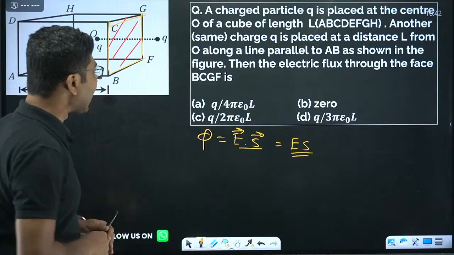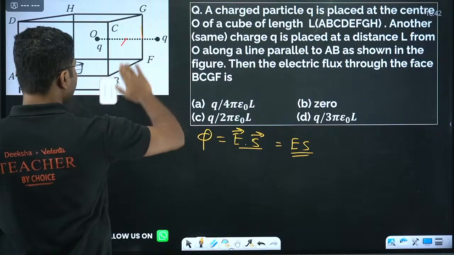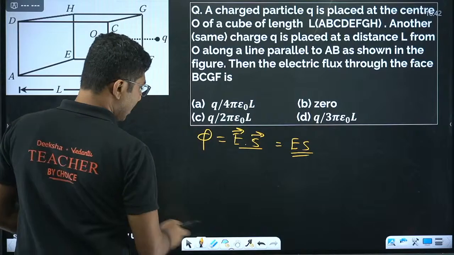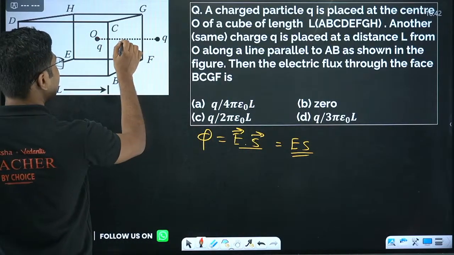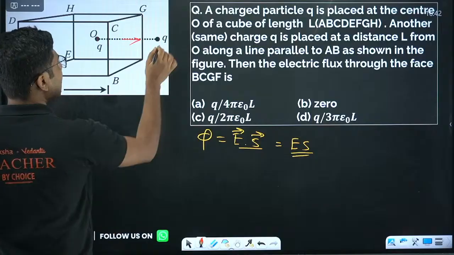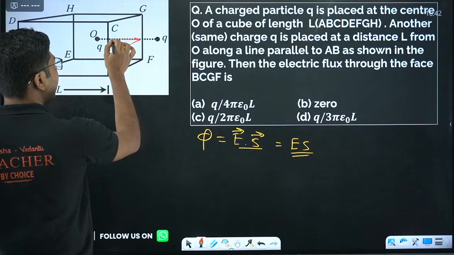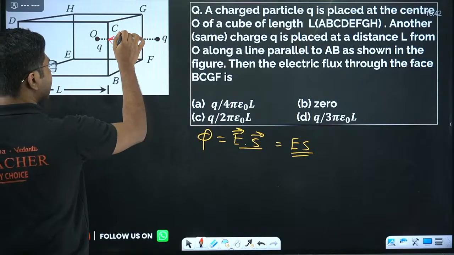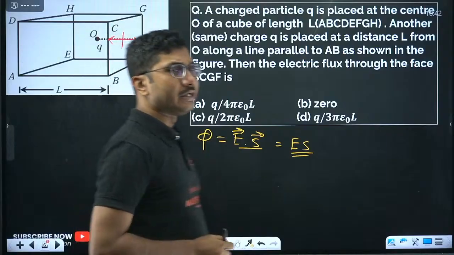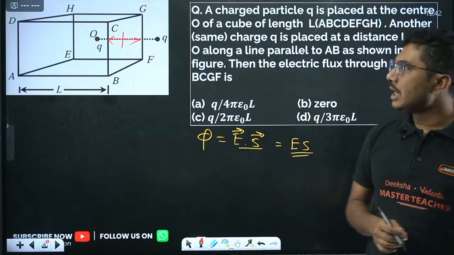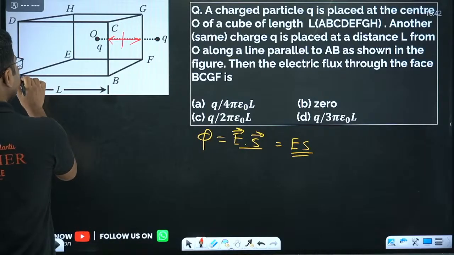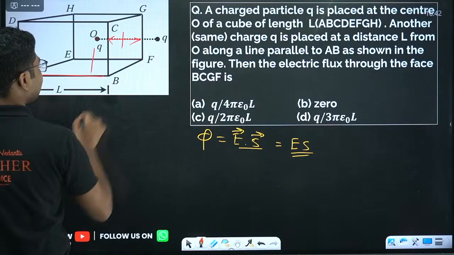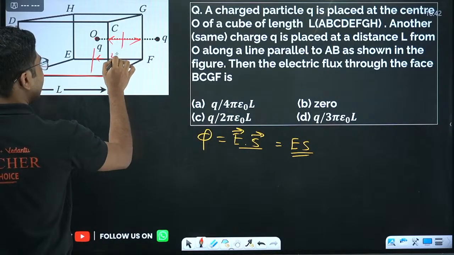But how to calculate the electric field? Both charges are positive here. This positive charge will have an electric field in this direction. This charge is also positive, it will have an electric field in this direction. So both electric fields will be equal and opposite. Why will they be equal? Because this total length is L and this is the center, so this distance must be L by 2.